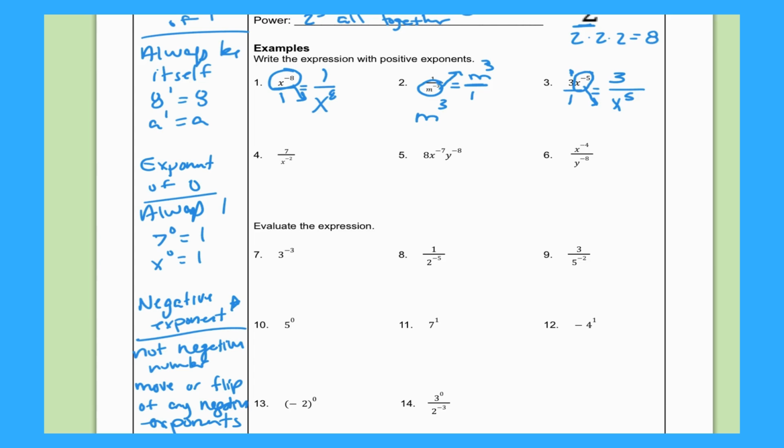Similar in number 4, except that x we have to move is already down, so it's going to move up. But the 7 has a positive exponent, so that 7 is going to stay in the numerator where it's at, but I need to move that negative up, so it becomes x to the positive 2. Now there's nothing left in the denominator.